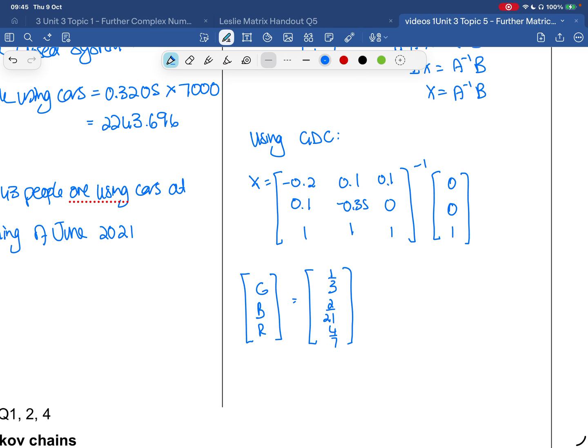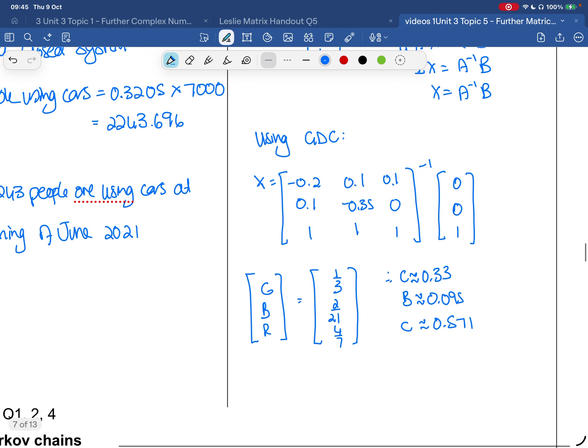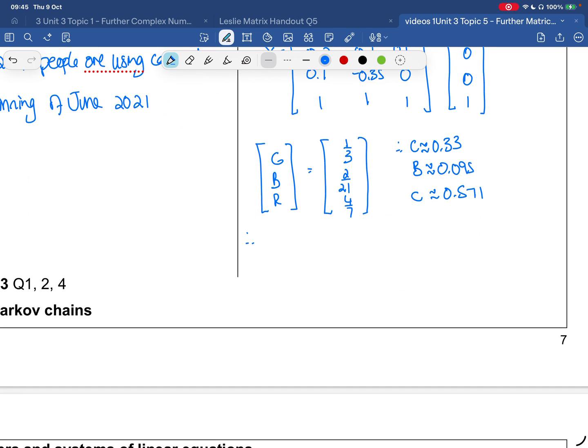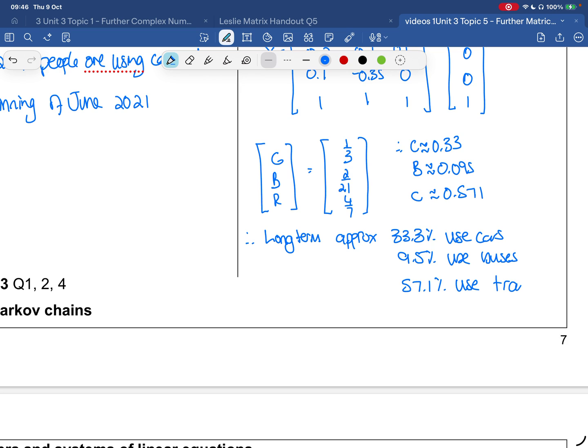And we can interpret that. So we could say that C is approximately 0.33, B is approximately 0.095, and R is about 0.571. And so we can say, therefore, in the long term, approximately 33.3% use cars, 9.5% use buses, and 57.1% use trains.